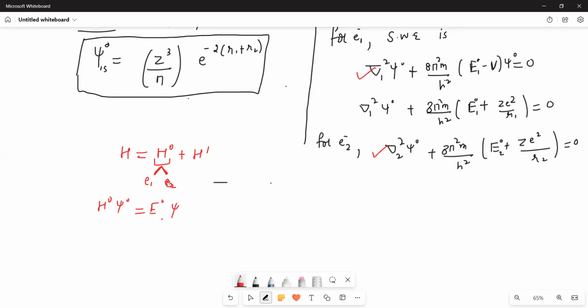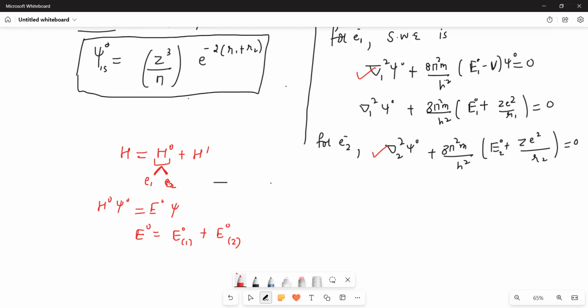E naught represents the unperturbed energy for the helium atom. We have assumed the helium atom is equivalent to two hydrogen-like systems, so its energy will also be divided into two parts: first for the first electron and second for the second electron.